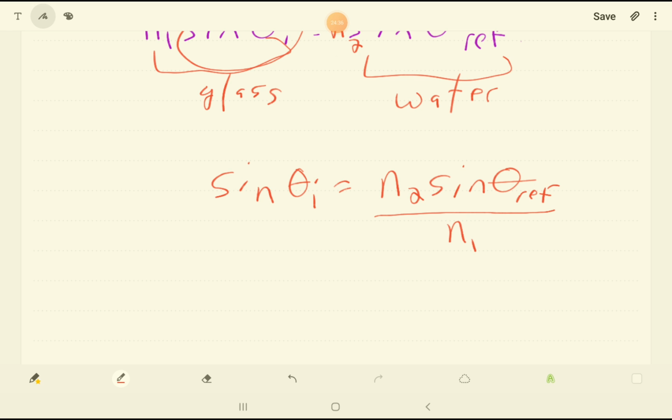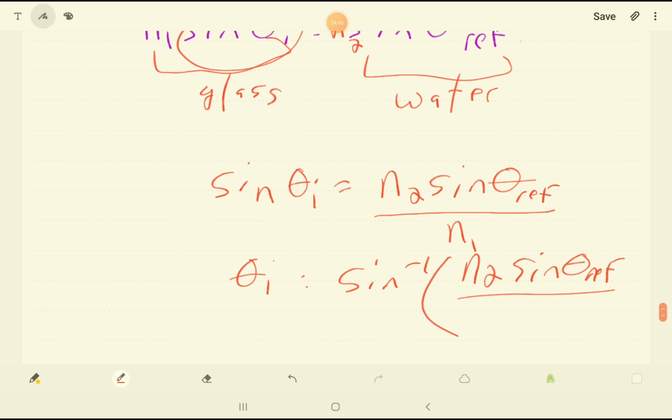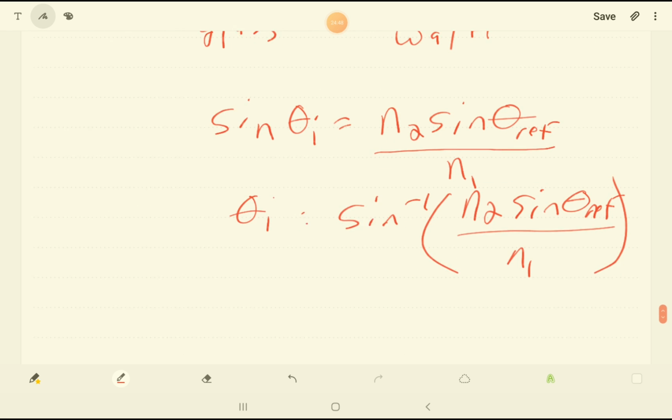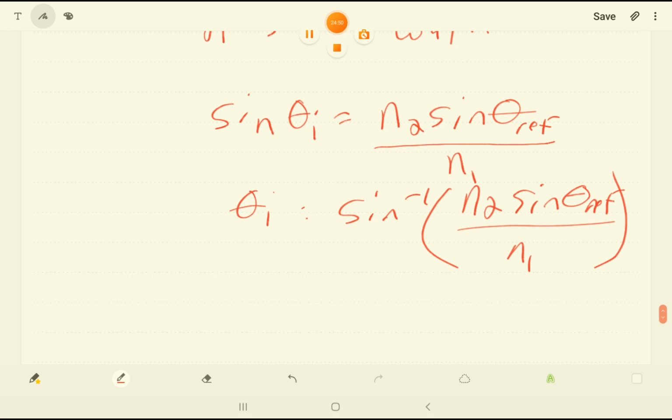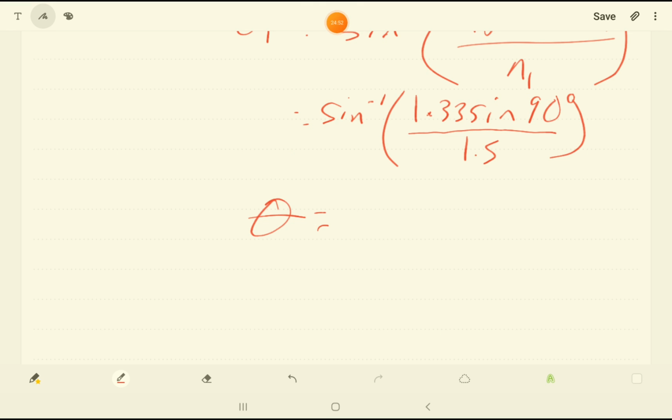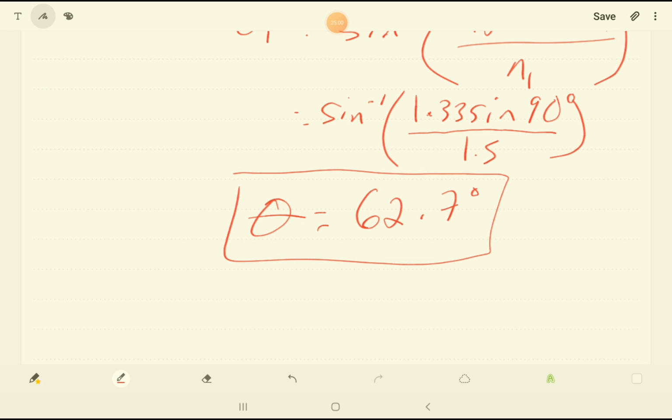And then, of course, to get theta, we're going to take the sine inverse of this entire ratio here. Once we do this, we just plug in the values in our calculator as follows. And so this would give us a critical angle of 62.7 degrees.